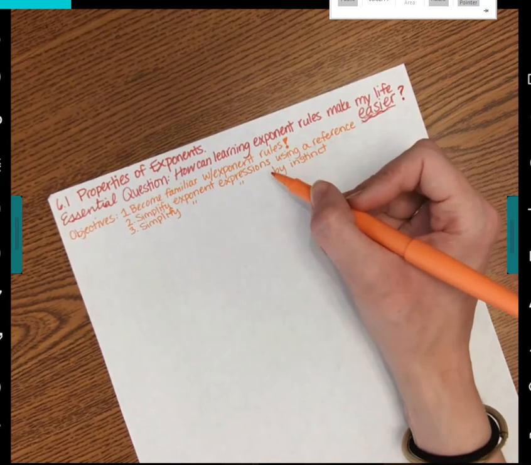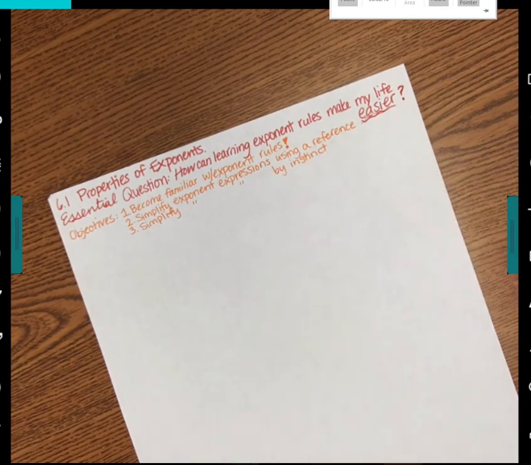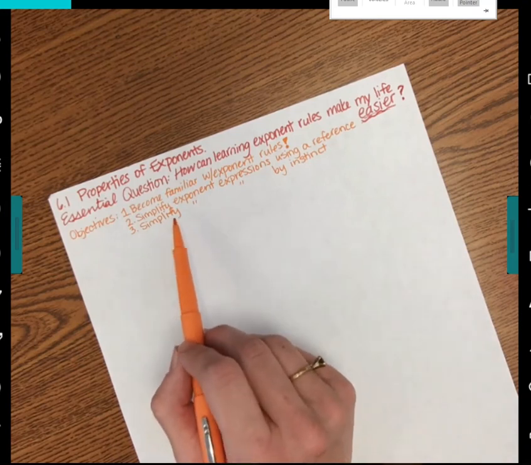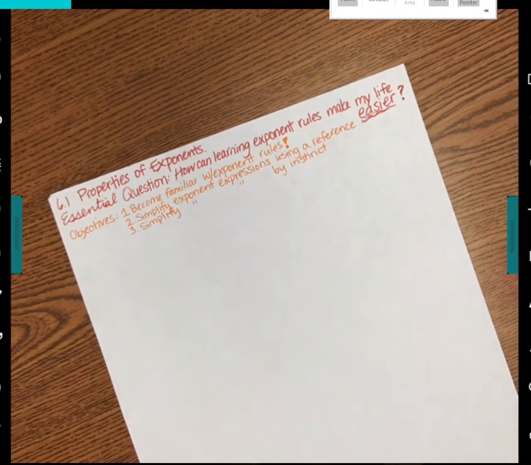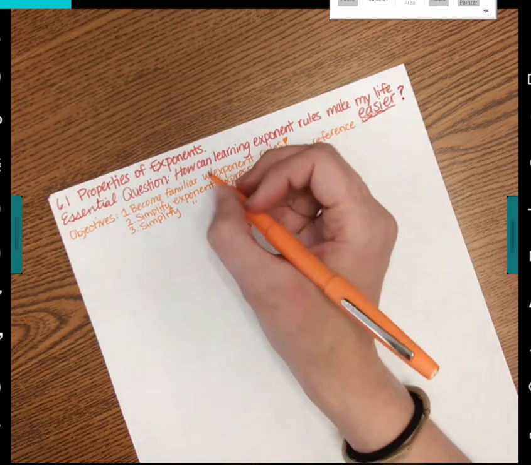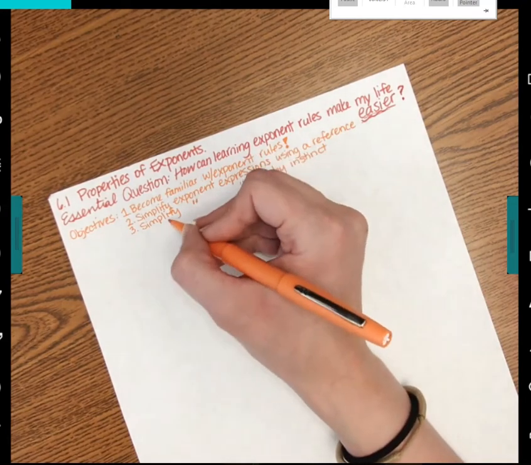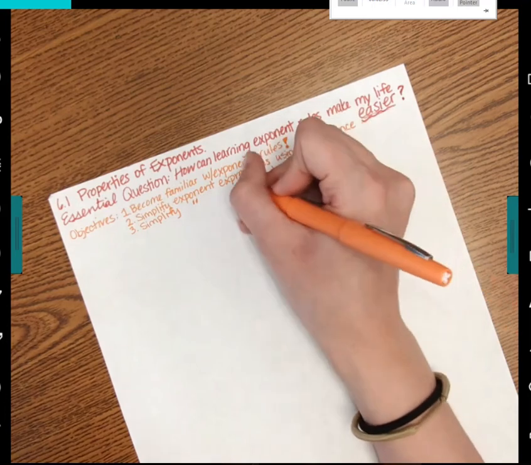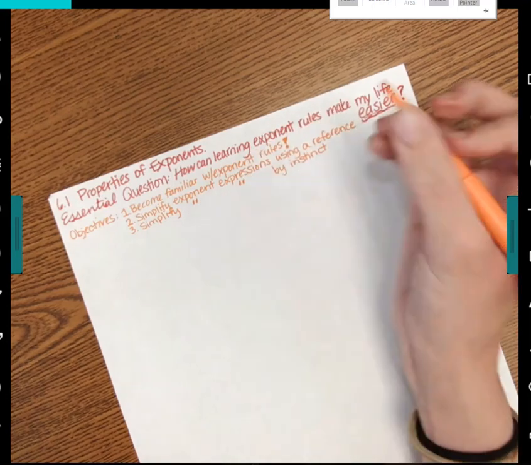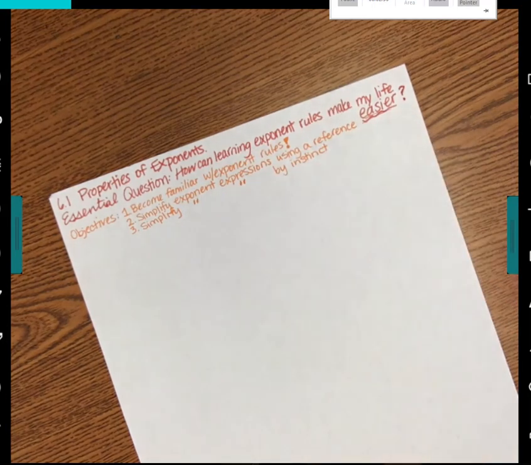Then, we want to simplify exponent expressions using a reference, for example, using our notes that we'll fill in. And then three, this is what we eventually want to get to: simplify exponent expressions. If you haven't seen the shorthand, I want you to see it. If I do this, it means essentially ditto, what was right there. So, simplify exponent expressions by instinct. I want this to come to the point where you're just doing it by feel.